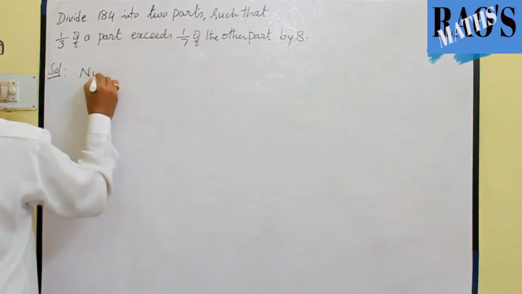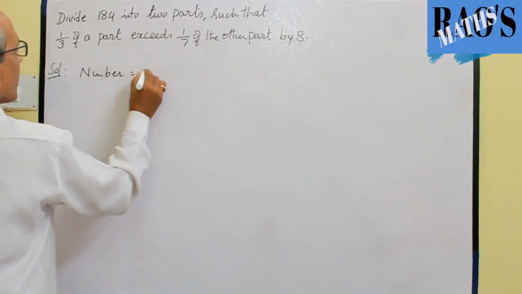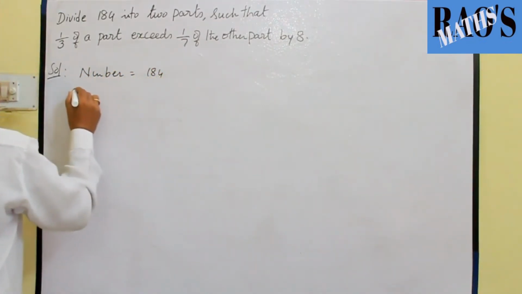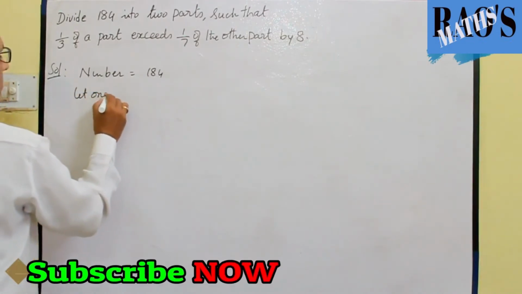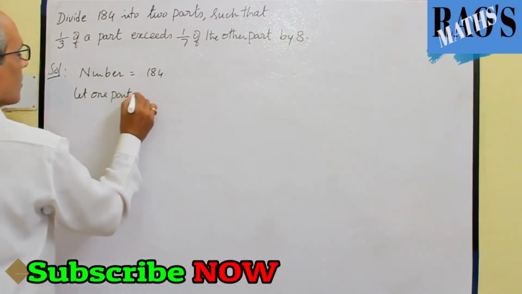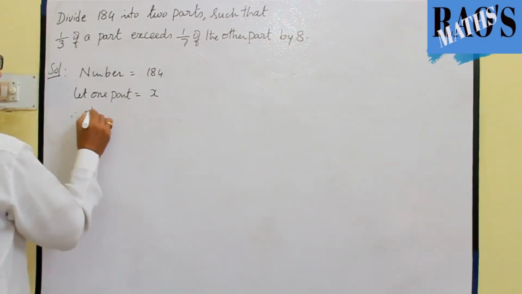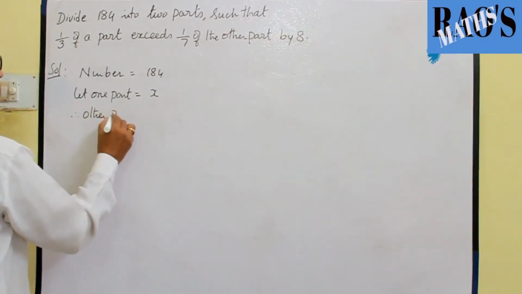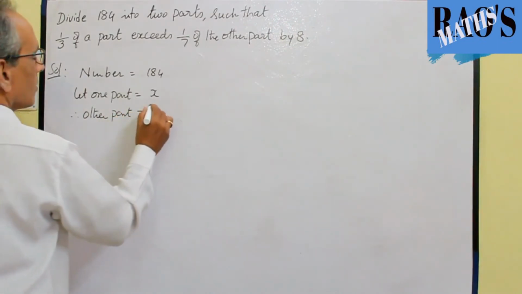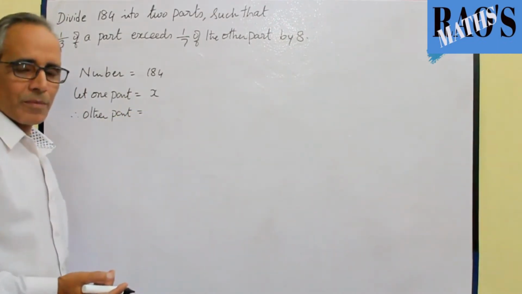Number you are given, 184. So let one part be equal to x. Therefore, the other part is equal to, what is the other part?